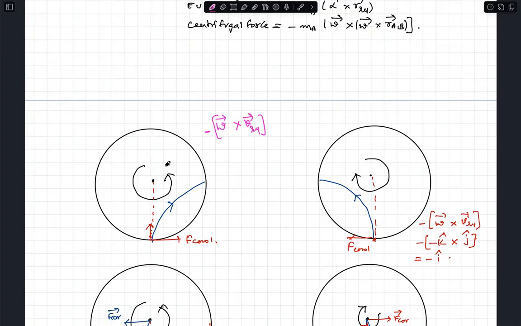Right hand grip rule, thumb upwards. So in which direction is it? K cap direction. And V relative is in the positive Z direction. Normally K cap cross J cap is minus I cap. Minus of minus is plus I cap. So this is the direction of Coriolis force.